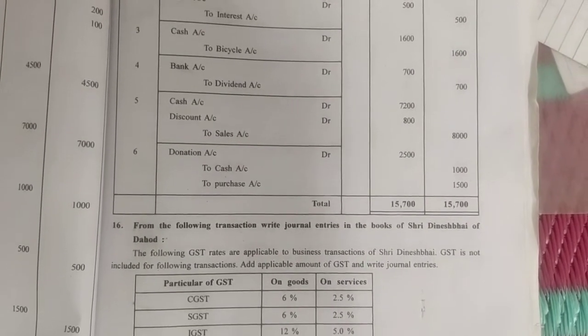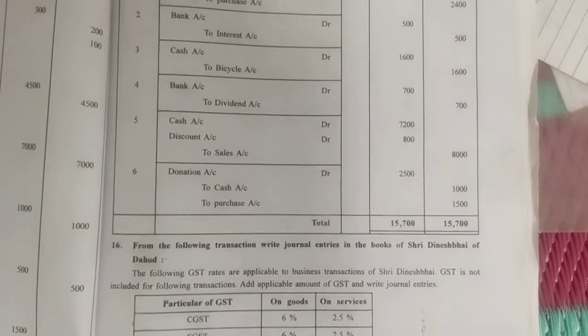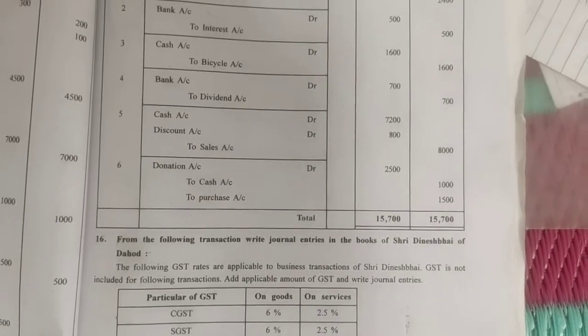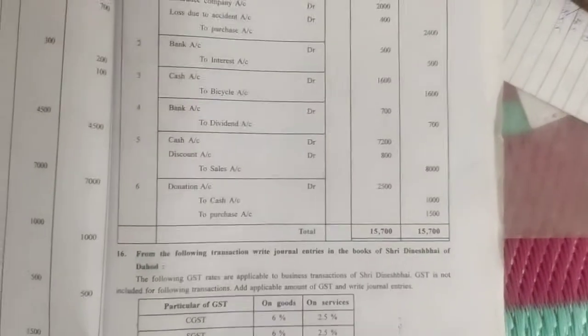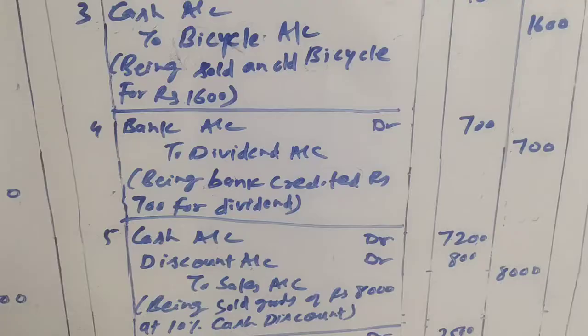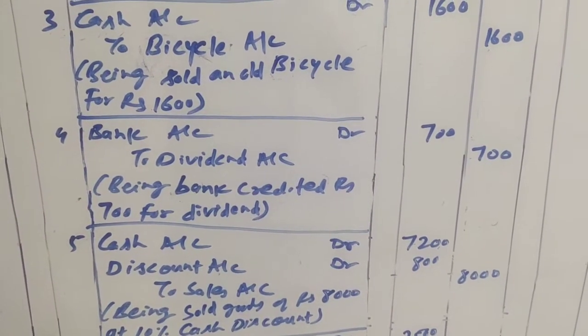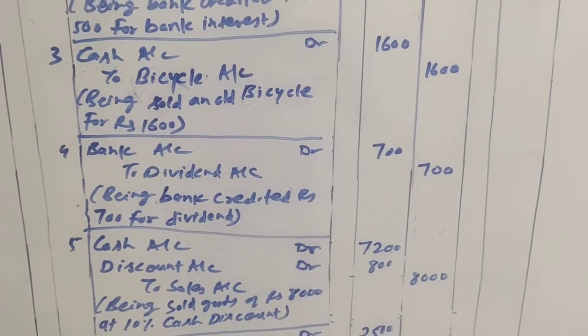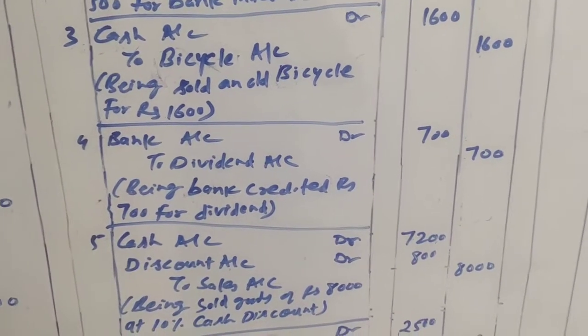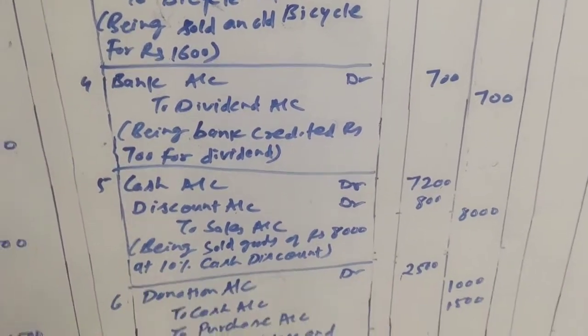Anyhow, we are receiving income of dividend. So this transaction suggests being bank credited for dividend in our bank account. Let us see. Bank account debit to dividend account, being bank credited rupees 700 for dividend. Let us go to the next transaction.